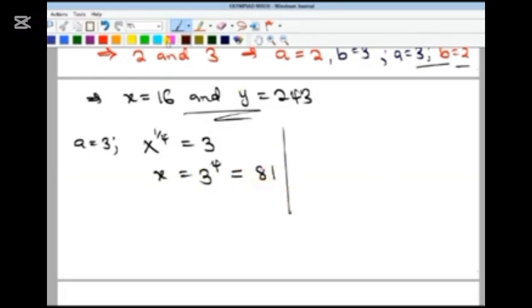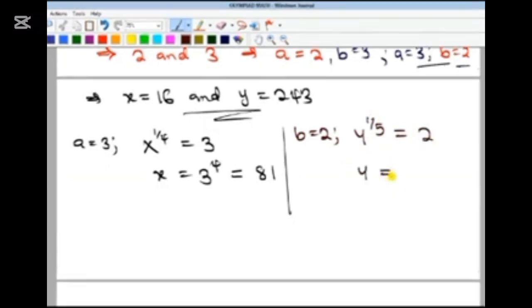In the same vein, when a is 3, our b is equal to 2. So y to the power of 1 over 5 will be equal to 2, and so y alone will be equal to 2 to the power of 5. That means y is equal to 32.